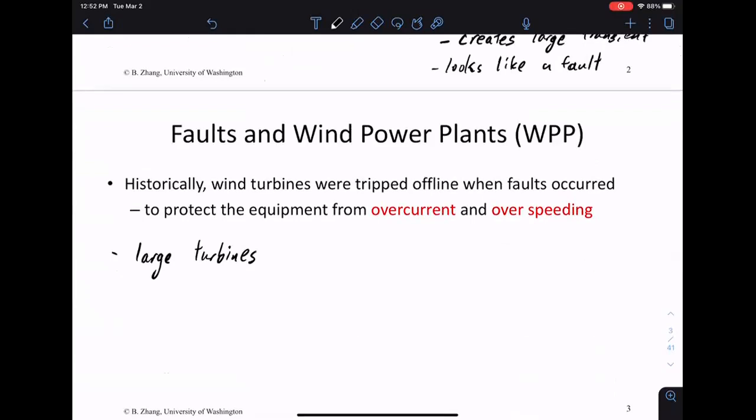But if your turbine is large, this actually may amplify the fault, or amplify the disturbance, because now when you reconnect, you act like another disturbance, right? So you may create a bigger disturbance than the original was. Okay. And then this could destabilize the system.